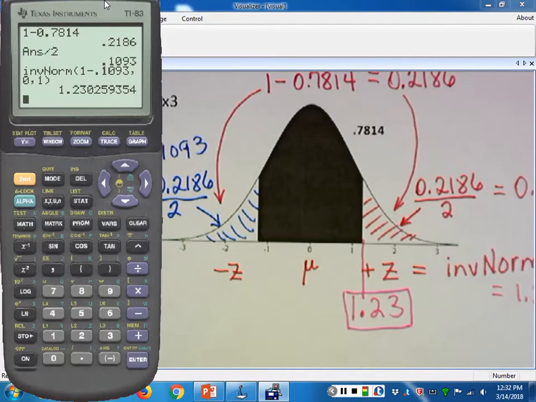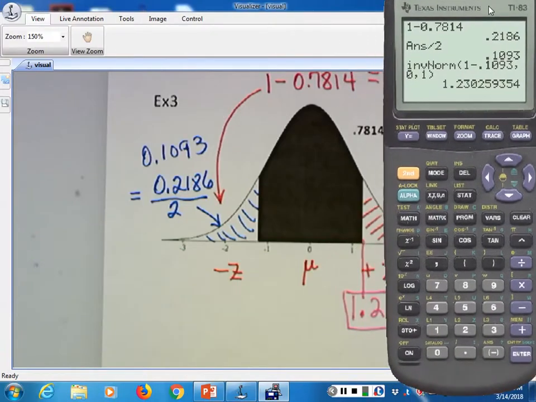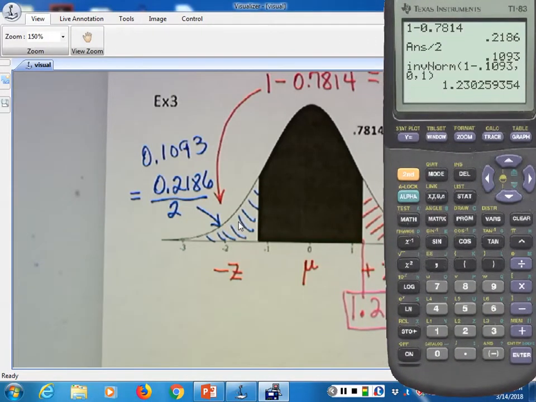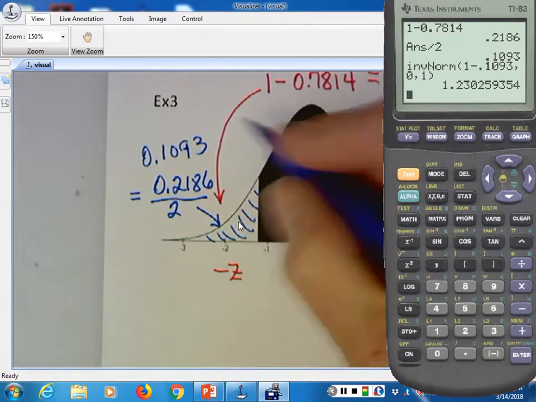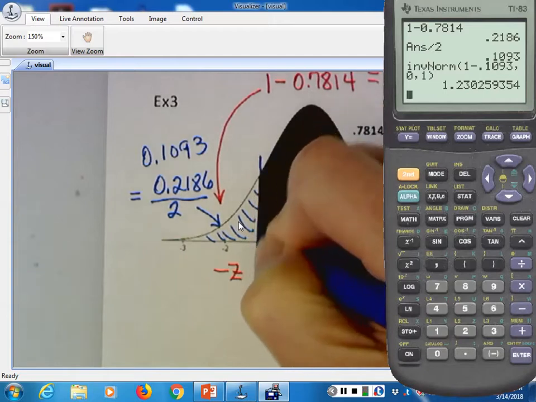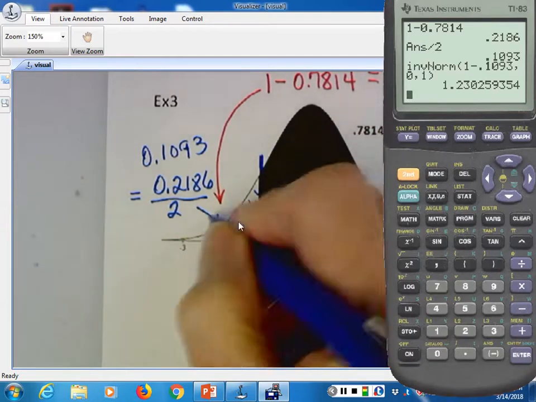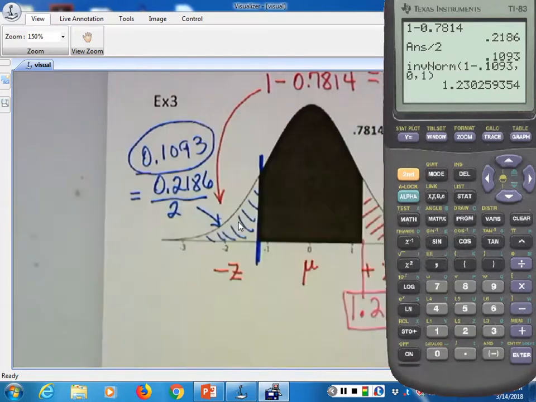And then I'll use a similar process to do the other end, but I won't have to subtract from 1, because when I'm going to the other end, what I need to know is this value of Z, and this is, in fact, the area to the left already. I don't need to do any subtracting.